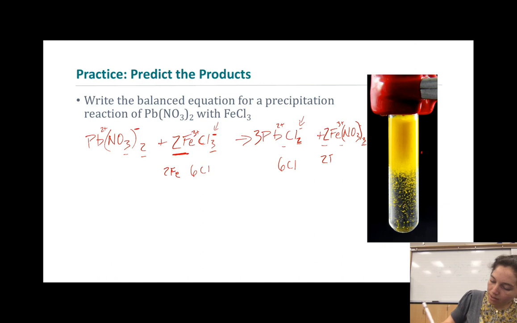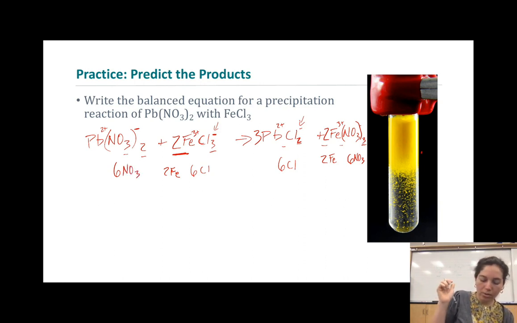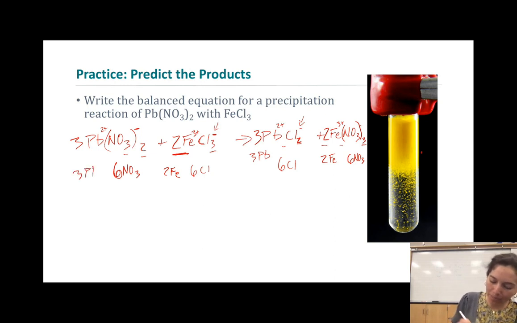We have 6 nitrates over here. I apologize, I was about to stick a 3 right here because we have 3 leads. So now we have 6 nitrates, and 3 leads. Okay, so this equation is balanced.